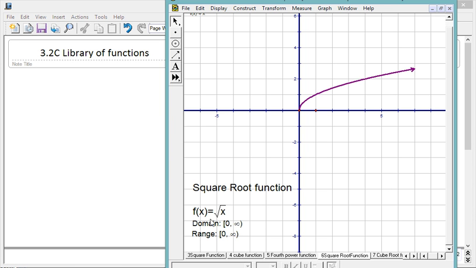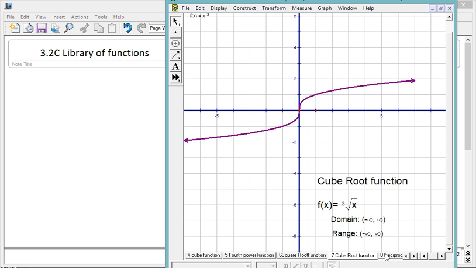So we have to limit it, or we wouldn't even have it as a function. So if I put 4 in for x, I get 2. I don't get negative 2, even though negative 2 times negative 2 is 4. The square root symbol means we only get the positive one. So the domain and the range are both from 0 to infinity.